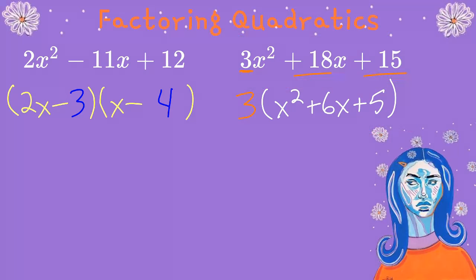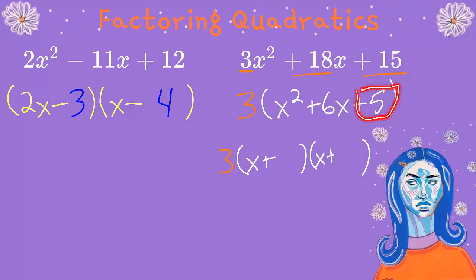Now I can factor this quadratic in here. So I have that 3 outside, and I'm going to factor the quadratic inside the parentheses. X squared tells me that I can have x times x. This is positive, and this is positive, so these have to be positive.